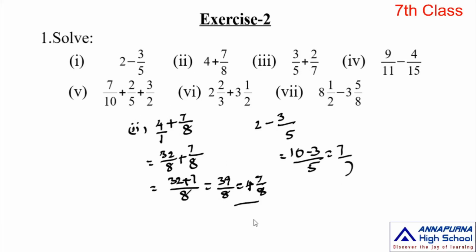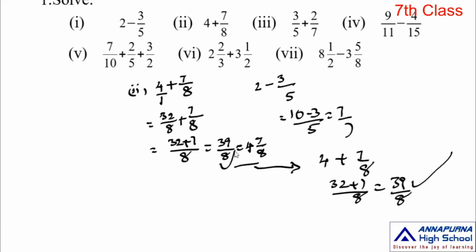Take the same 4 plus 7 by 8. 8 fours, how much? 32. 32 plus 7 by 8 is equal to 39 by 8. So we will get the same answer in every case. This is the shortcut method. According to the procedure we can do like this, and this is the shortcut.